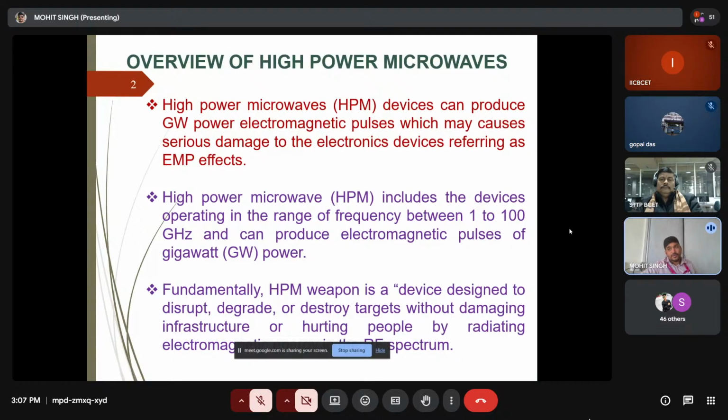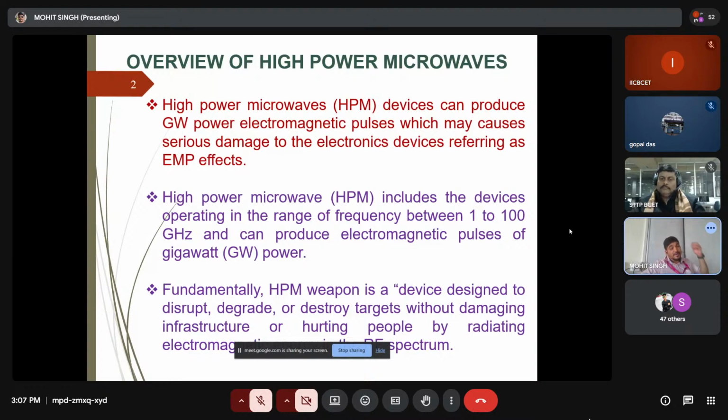0.5 gigawatt is also helpful, but power of more than 1 gigawatt is more impactful for damaging electronic equipment or targeting enemies, including for anti-drone systems.